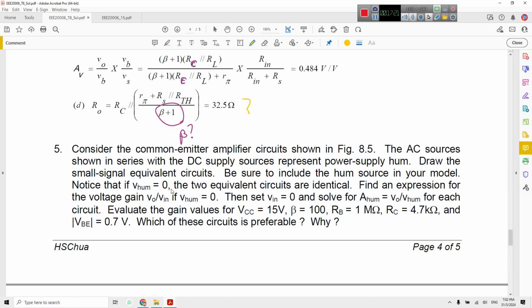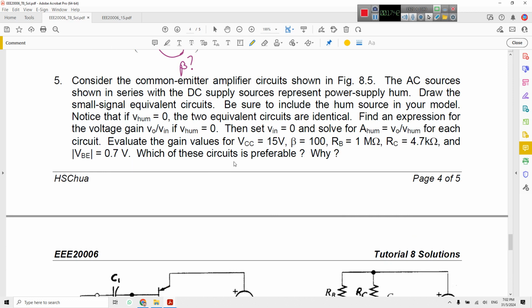Notice that for V hum equal to 0, the two equivalent circuits are identical. Find an expression for the voltage gain V out over V in if V hum is 0, and then V in 0. Then the value is given by here: VCC, beta, RB, RC, and VB.